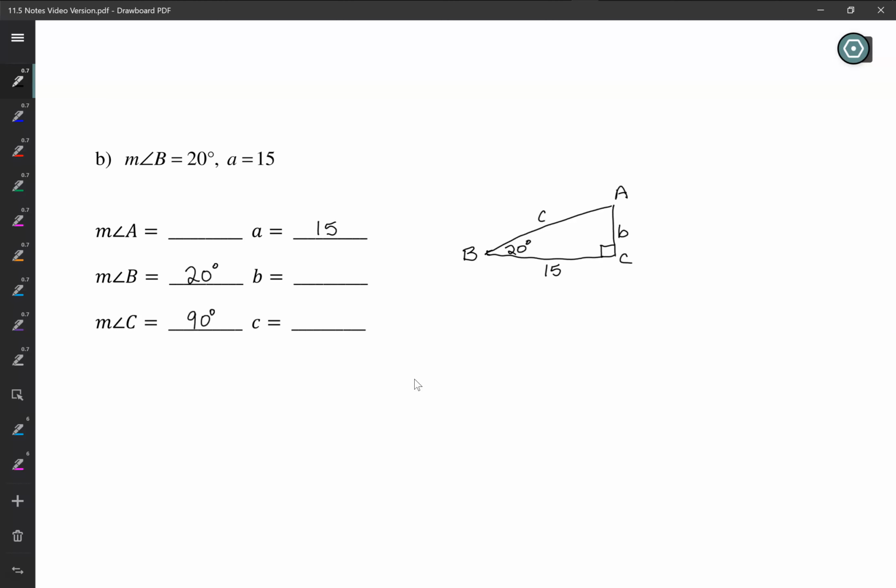So easiest thing to find first is the other angle. I know that the right angle is 90 degrees, so these other two angles have to add to 90. So the measure of angle A is 90 degrees minus 20 degrees, 70 degrees.